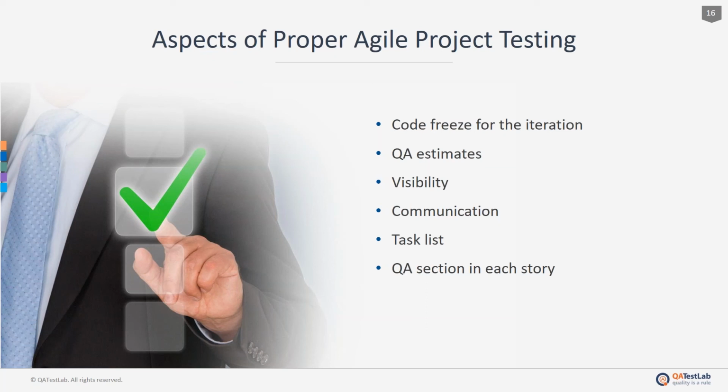First of all, the number of stories in the iteration in ready for QA state. Next, the number of stories in the iteration in QA state. The number of stories in the iteration which are not yet in ready for QA state.